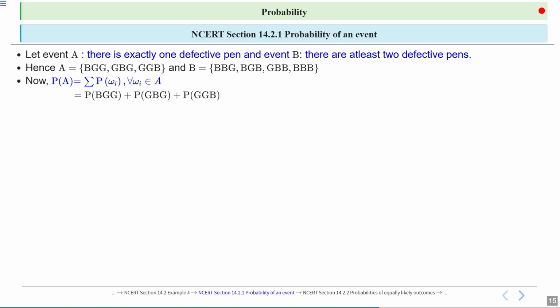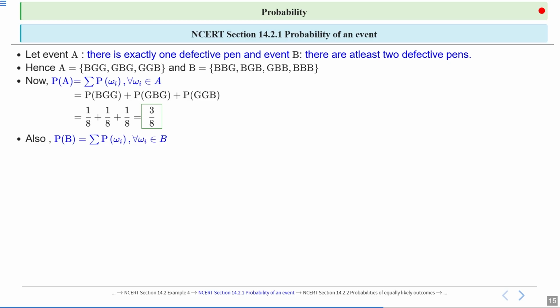Okay, and as we have seen, the probability of all the sample points is equal to 1 by 8. So this is equal to 1 by 8 plus 1 by 8 plus 1 by 8, 3 times, and this is equal to 3 by 8. Okay, so P of A equal to 3 by 8. So probability of event A is equal to 3 by 8.